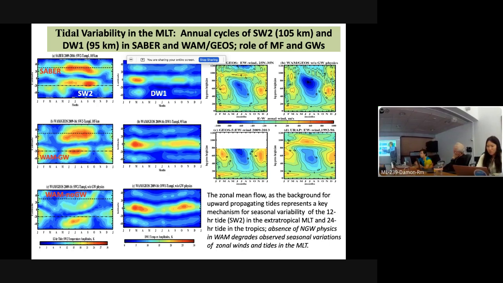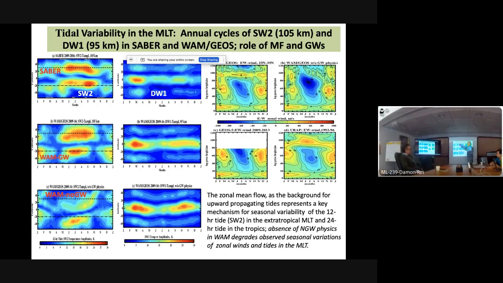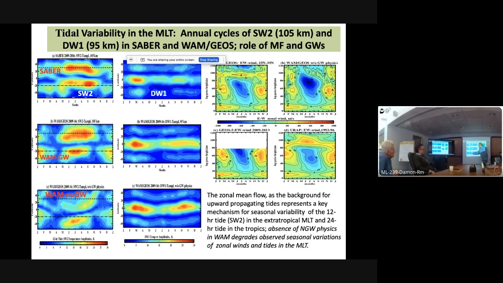This is the run with non-stationary gravity waves, which reproduces the maximum at the appropriate latitude. This is 105 kilometer height. But if you don't have gravity waves, you immediately screw up the seasonality and amplitudes of your tides.